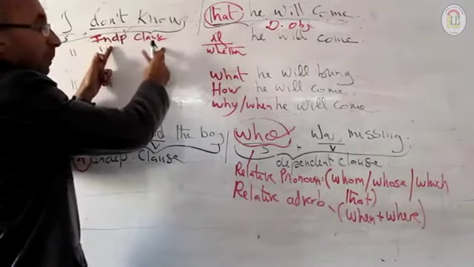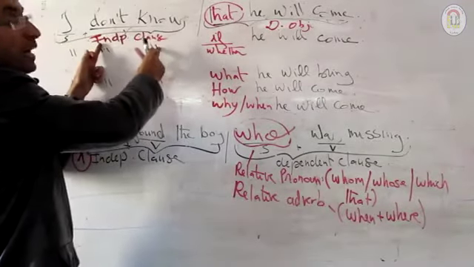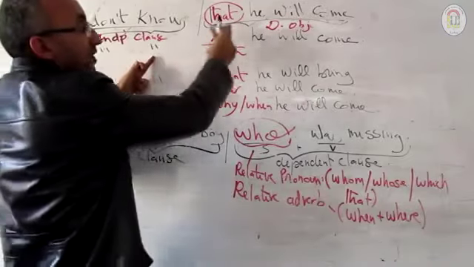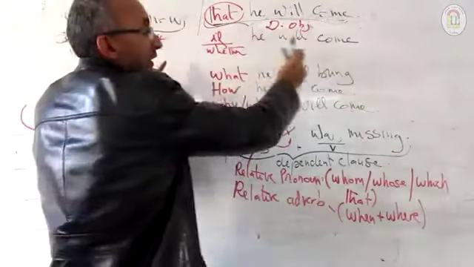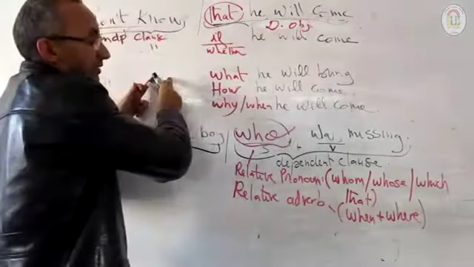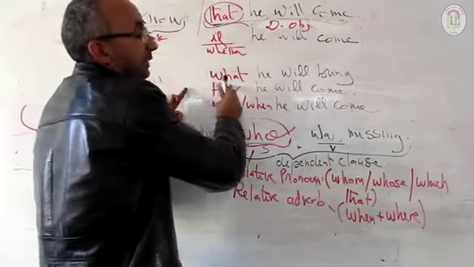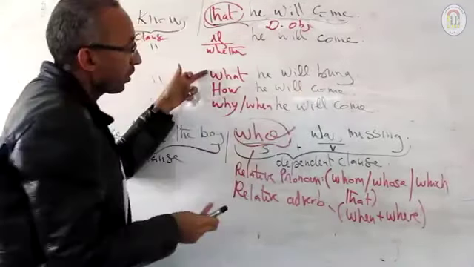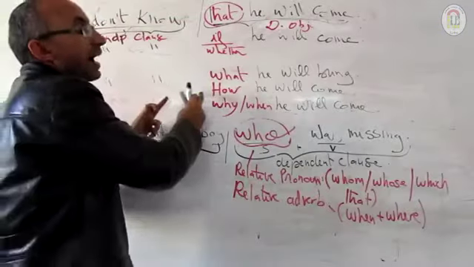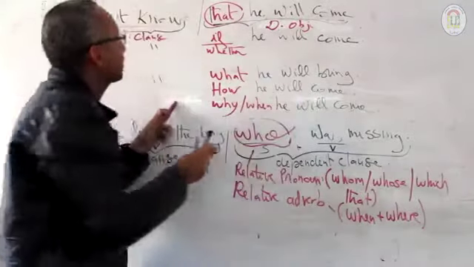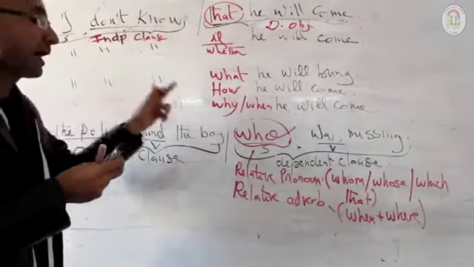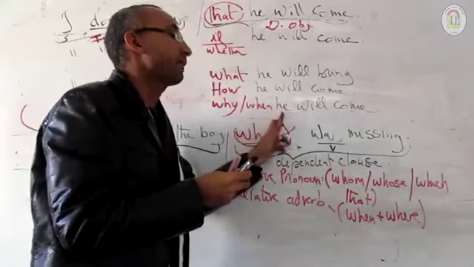So the first part is my independent clause, I don't know what. The answer of "what" is: that he will come, if he will come. I don't know what he will bring. I don't know how he will come. I don't know why and when he will come.